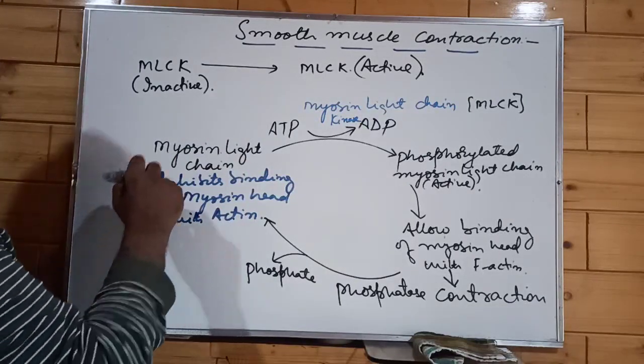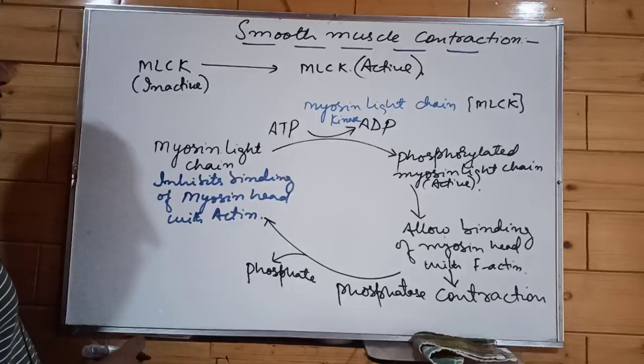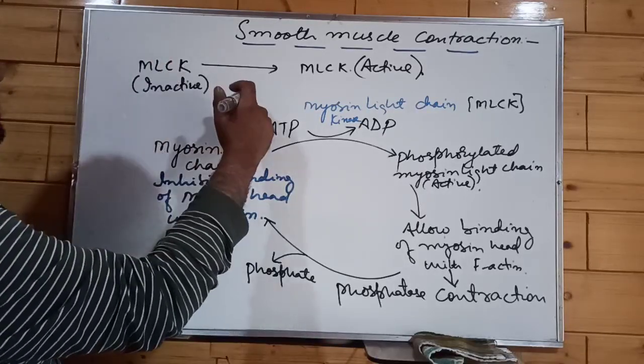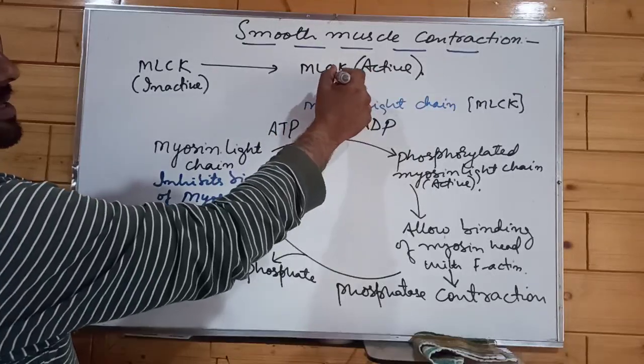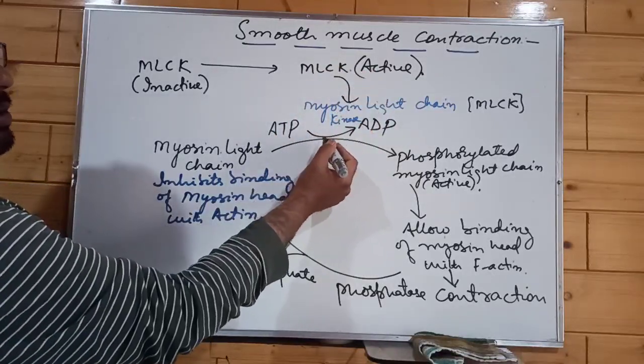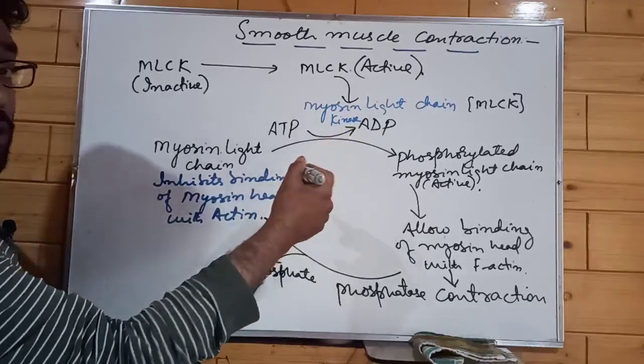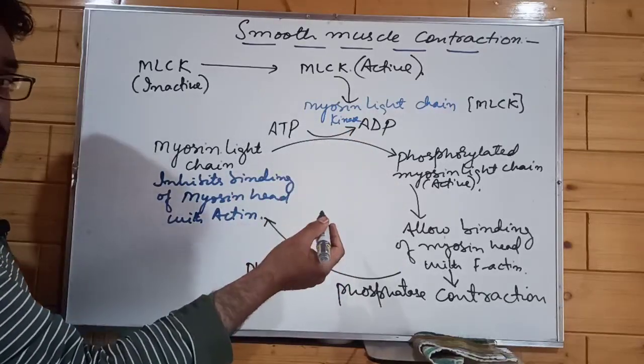What are those two factors which will activate myosin light chain kinase into its active form, so that it will perform its job of phosphorylation? Because kinases are those enzymes which are adding phosphate, right?